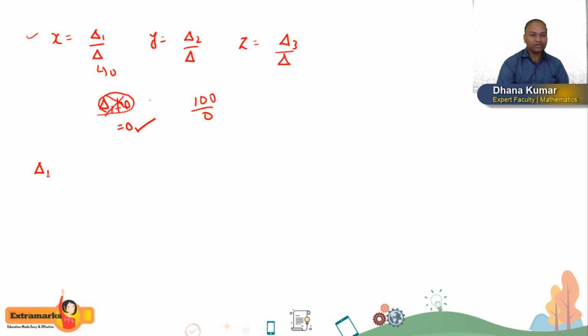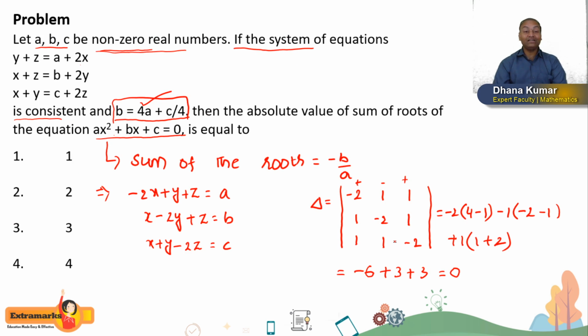Anyhow, I am taking delta 1. How to find delta 1? Delta 1 means, you follow the order like this: x, y, z as 1, 2, 3, or otherwise column 1, first column, second column, third column.